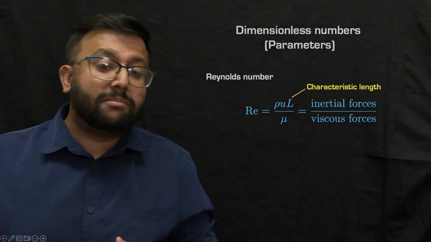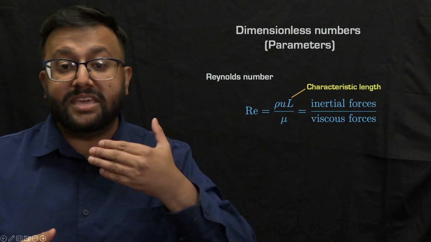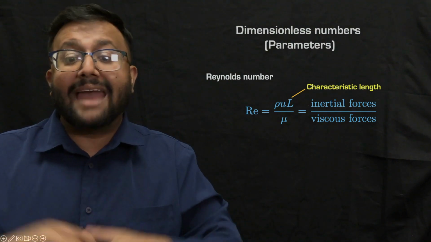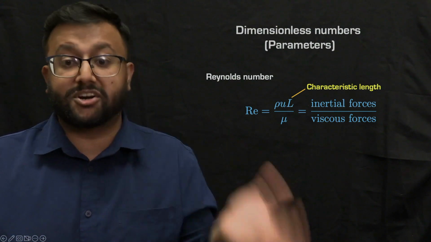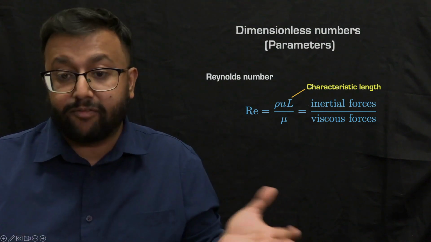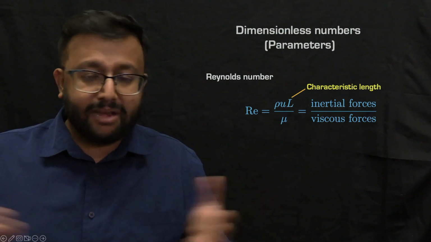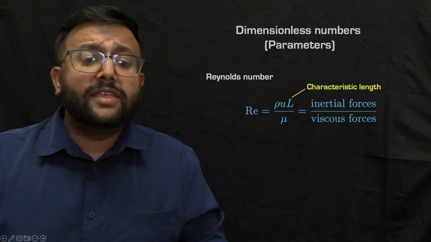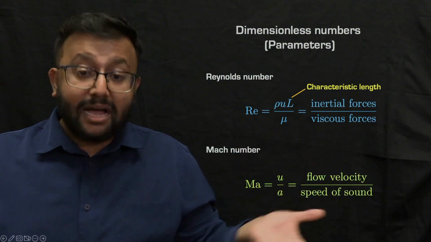Now, Reynolds number is the ratio of the inertial forces and the viscous forces. And it typically tells us whether the flow is laminar or turbulent. So a high Reynolds number is associated with turbulent flow, and a low Reynolds number is typically associated with laminar flow.